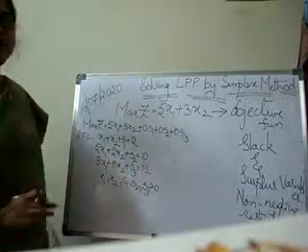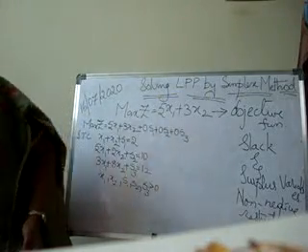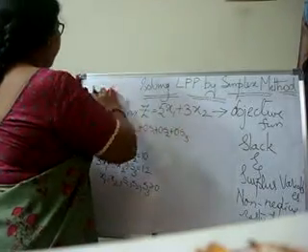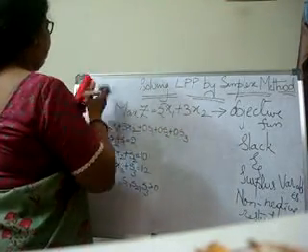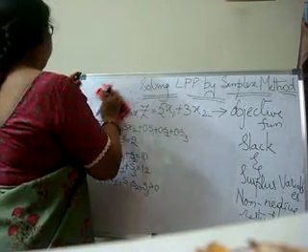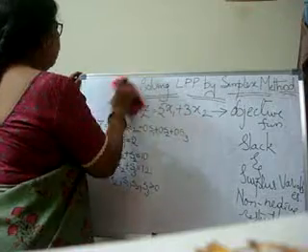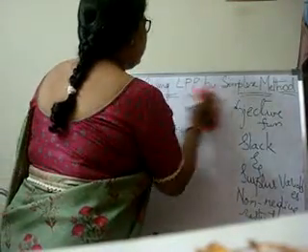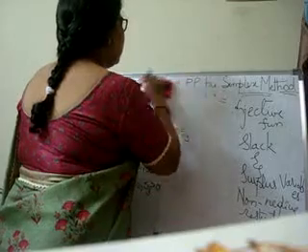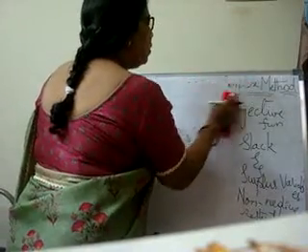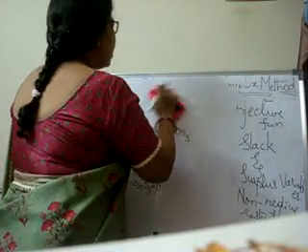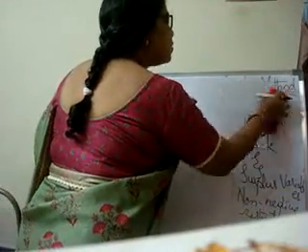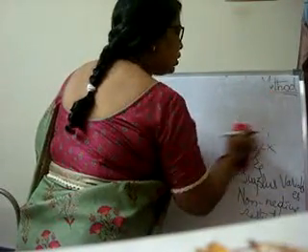Now we see what the simplex method is. What does the algorithm say about the simplex method? We have to draw a table called the simplex table and solve the LPP by the steps given in the algorithm.